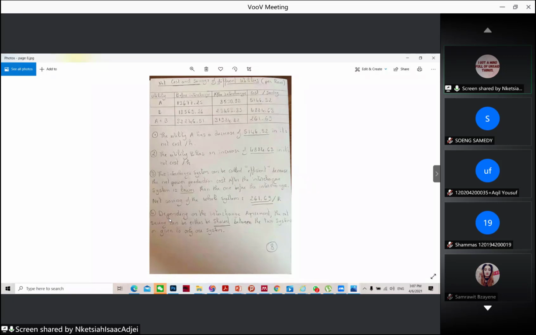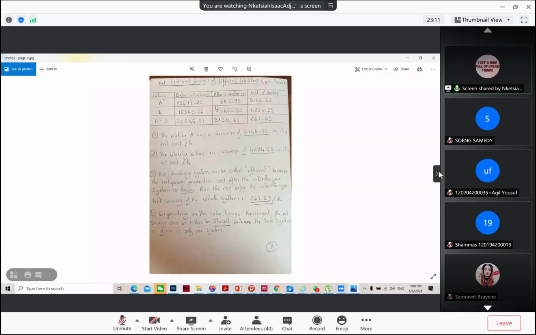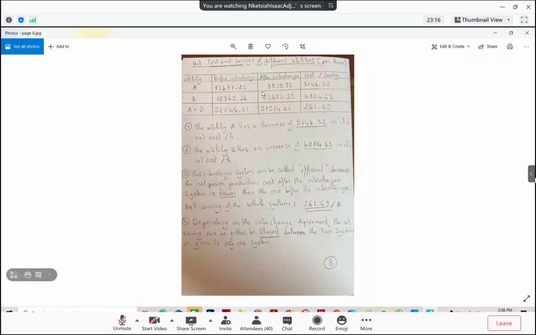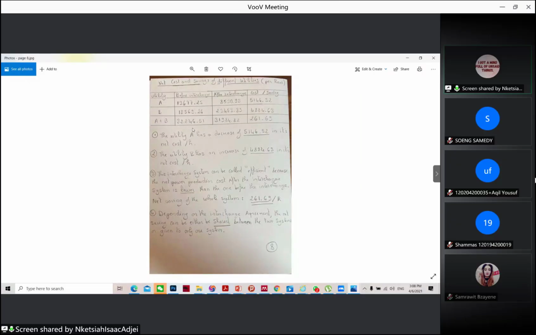261.69. Depending on the interchange agreement that was stated earlier, we could see that our system has been effectively used. There has been an effective use of power sharing because each has been able to have savings, because the main agreement for operating is making sure that, economic-wise, each party doesn't lose, and both utility A and utility B have a portion of money to save.